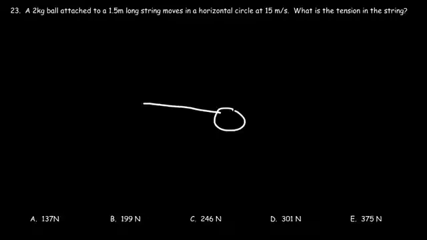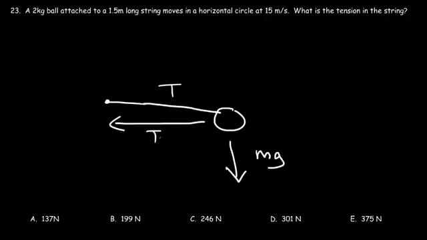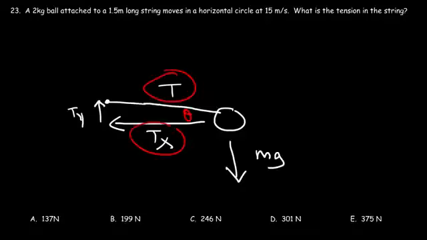Now this is the tension in the string. Now we do have the weight force of the ball, which we need to take into consideration, and the tension has an X component and it has a Y component. And here's the angle theta. If the ball is moving very fast, Ty will be insignificant, so the tension in the string is approximately equal to Tx.